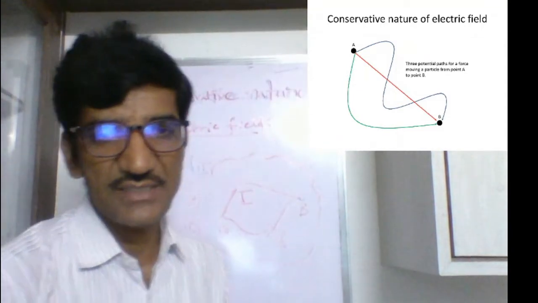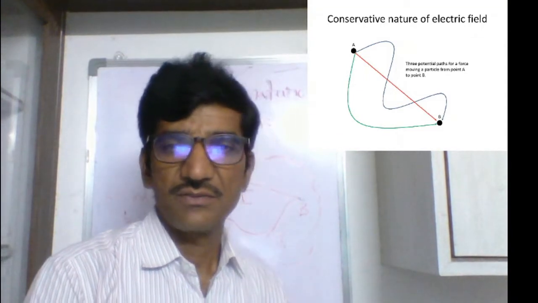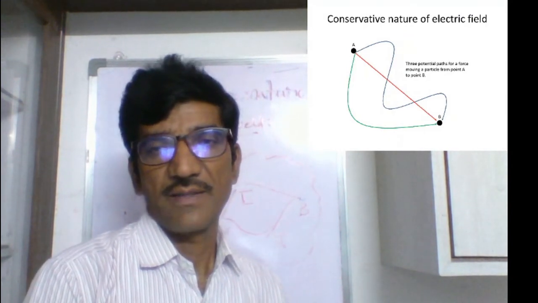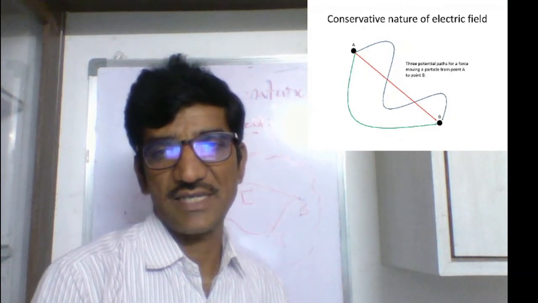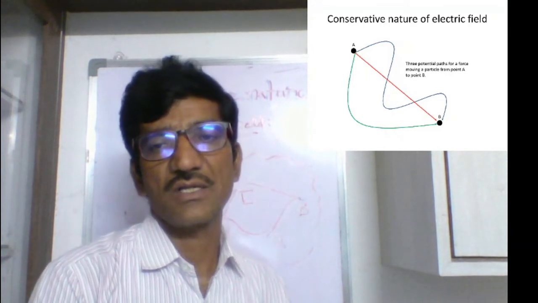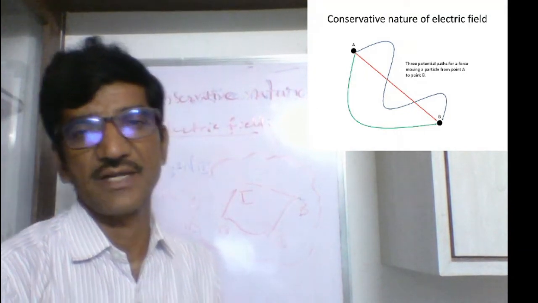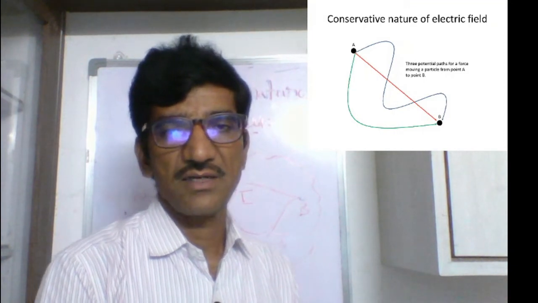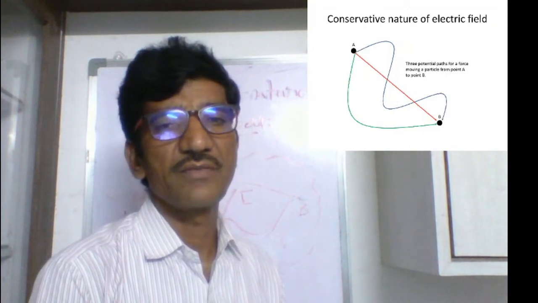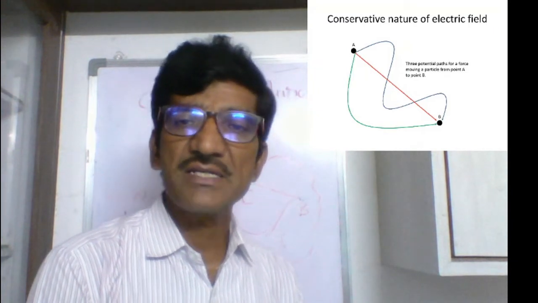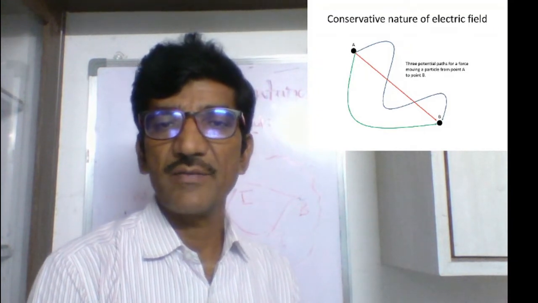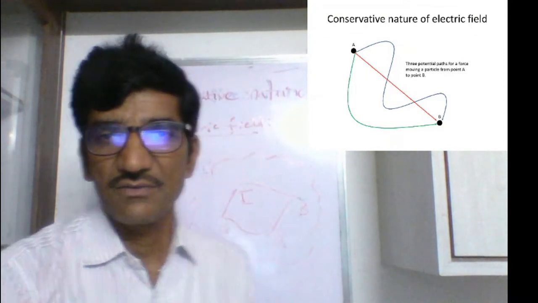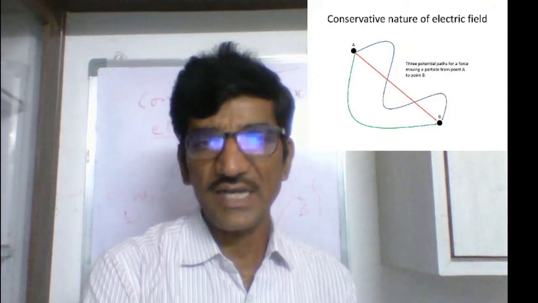That means our E is a conservative force field, or conservative field. The amount of work is the same as long as you do not alter the positions of A and B. That means the work done does not depend on the path or the shape of the path, but it depends upon the positions of the initial point and final point.